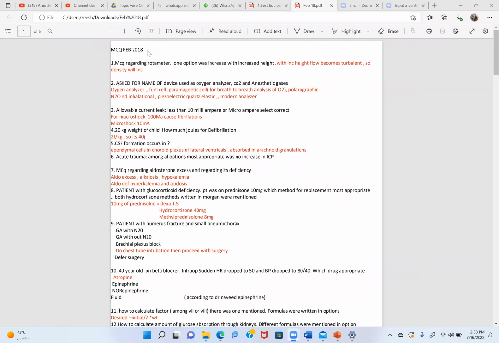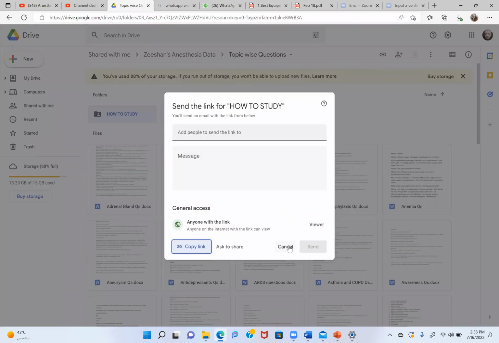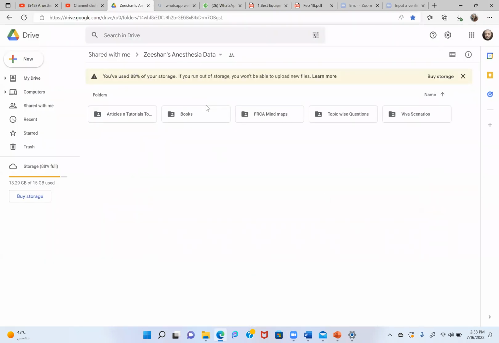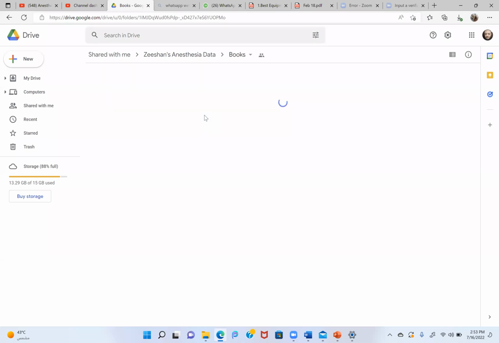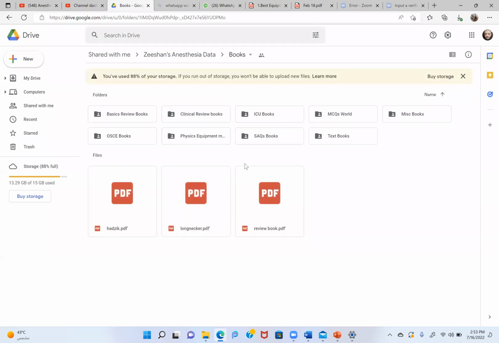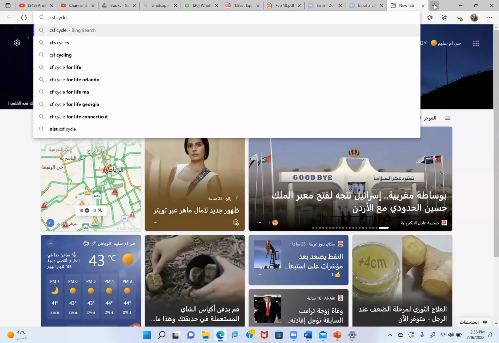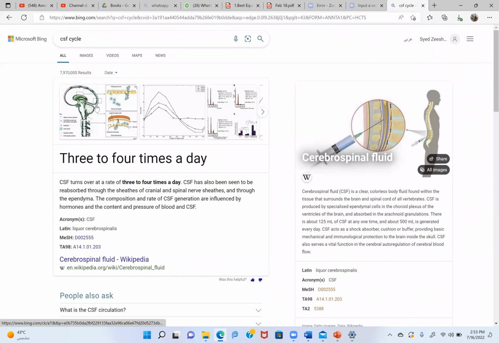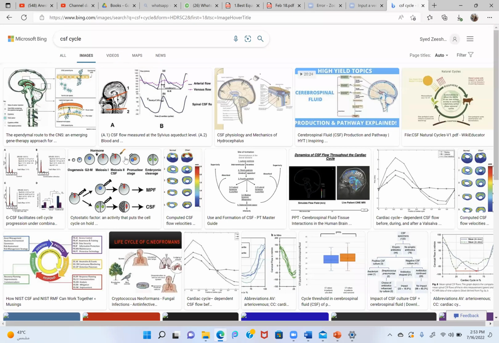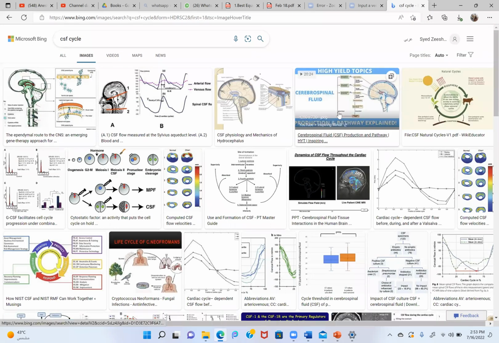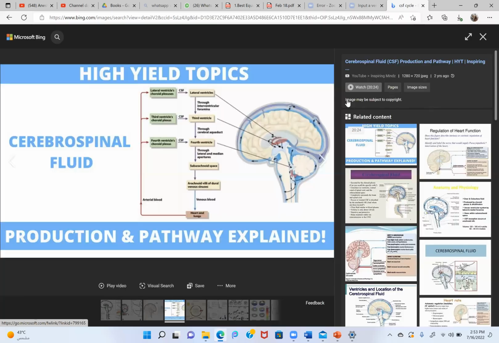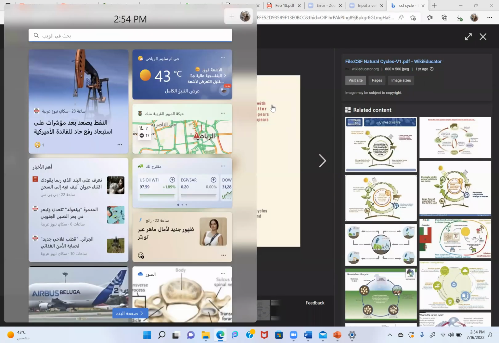CSF formation. Just a second, I will show you the picture for CSF formation. Okay, so if you want to answer this question, may I say something, sir?